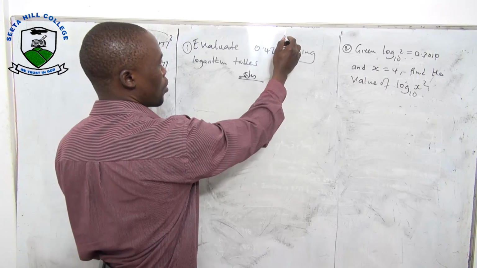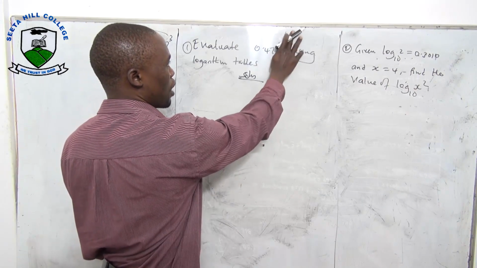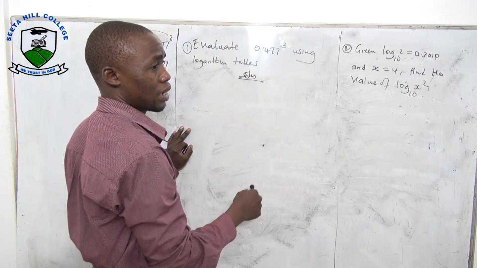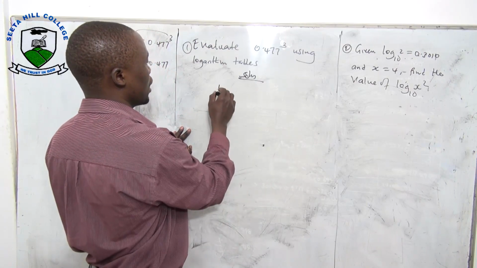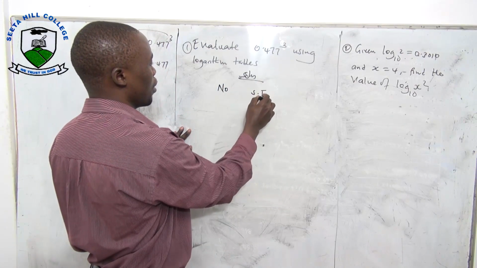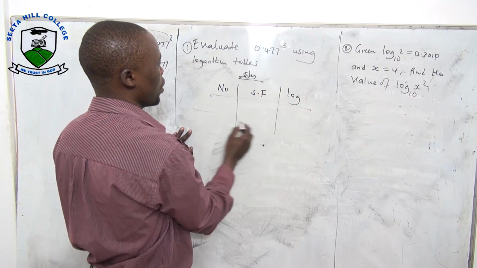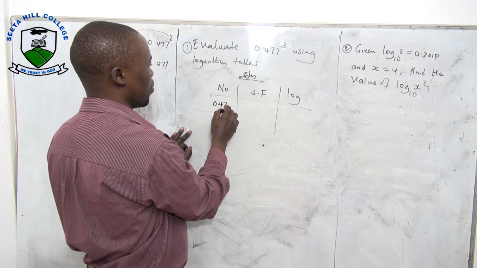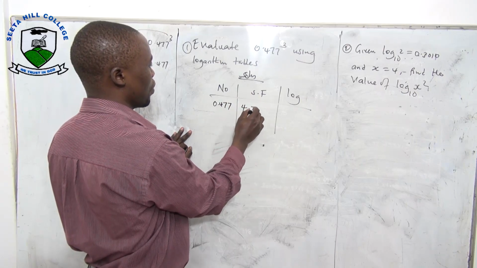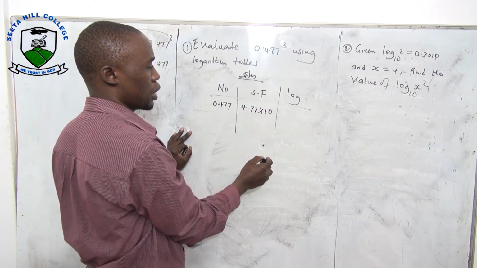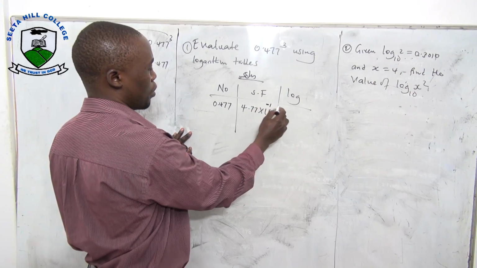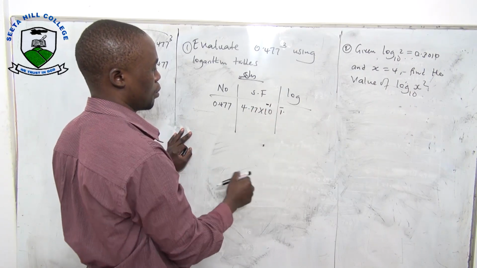When you have a reciprocal power, you divide, but when you have just a power, you multiply. See? So this would be 0.477, 4.77 times 10 power what? Negative 1. What do you get?